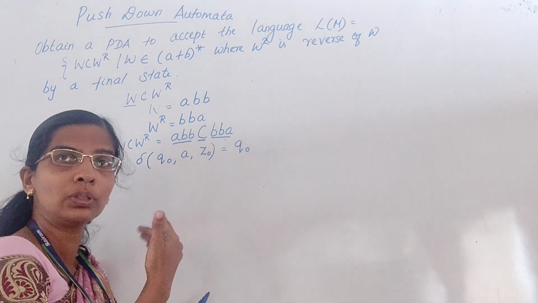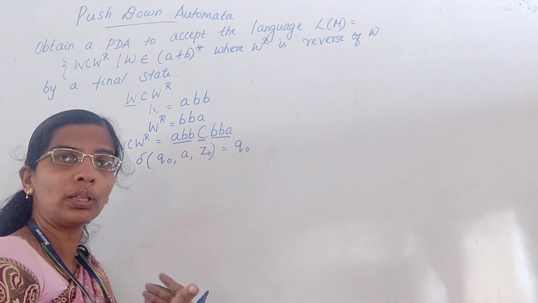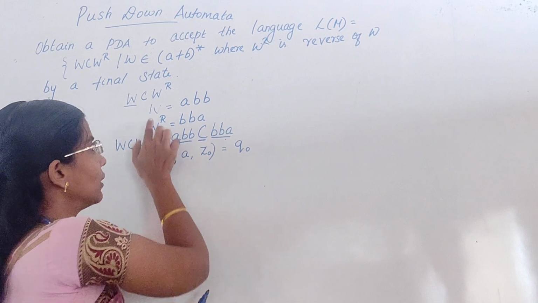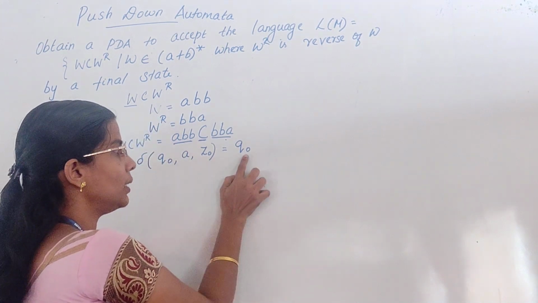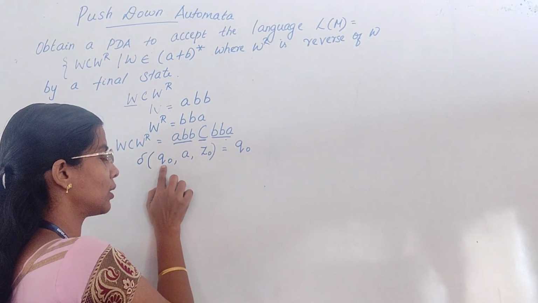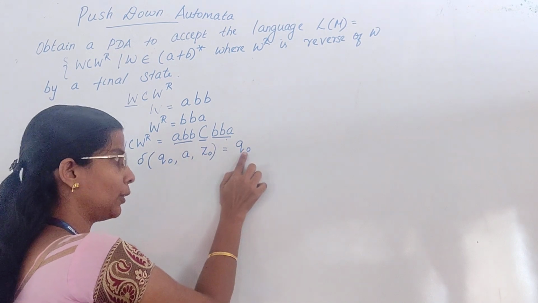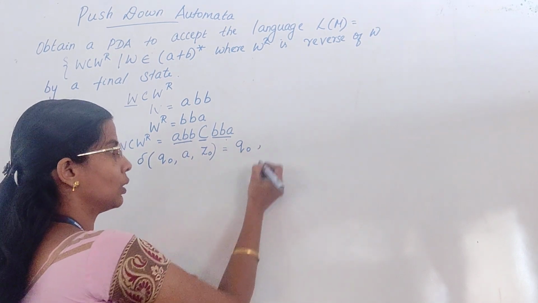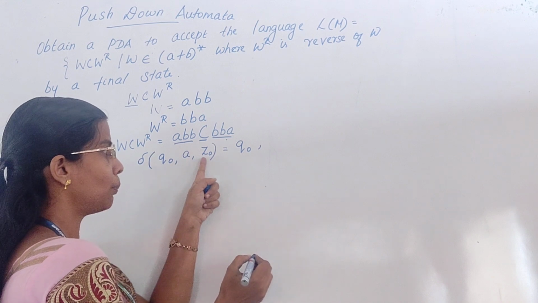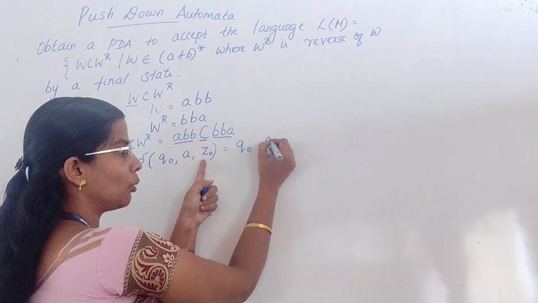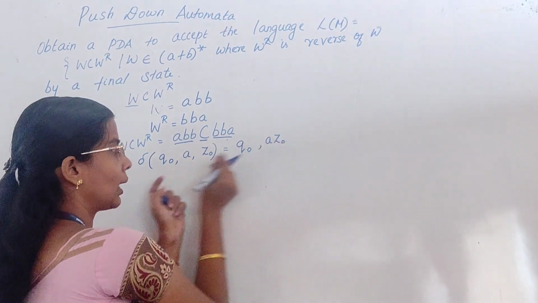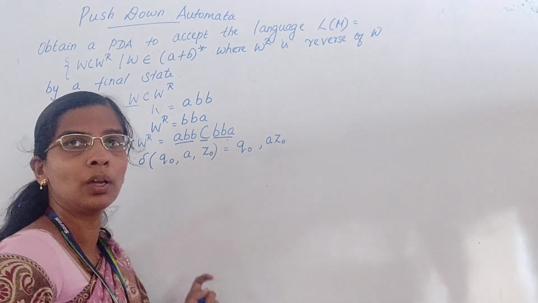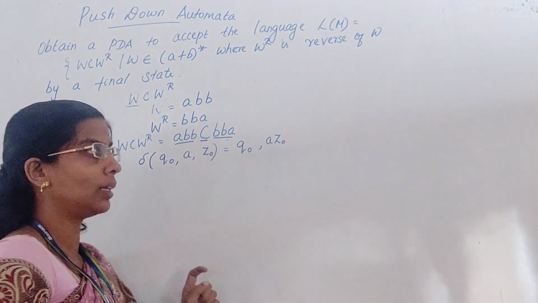That also you have to see, the condition. When we do all the examples, you will understand. Now I am pushing, so be in the same state. Initial state is Q naught. I will be in Q naught and I am going to push the input symbol inside the stack. So how to write this push operation? Combine both and write: A Z naught.